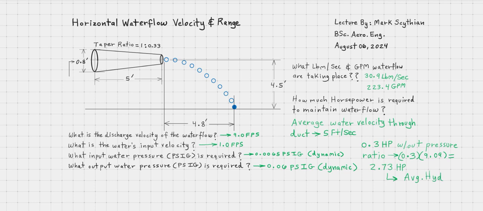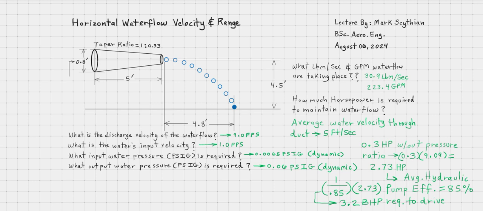Then your average hydraulic pump has 85% hydraulic efficiency. So if we find the reciprocal of that value and multiply it times 2.73, this becomes 3.2 brake horsepower required to drive the hydraulic pump.